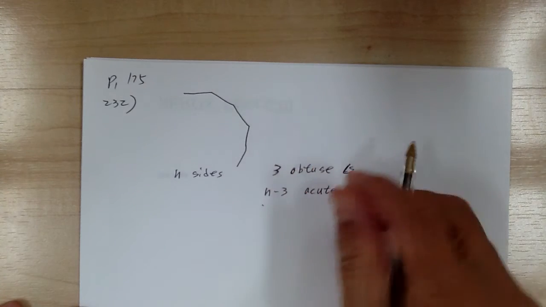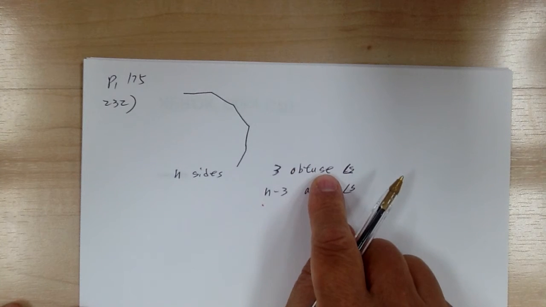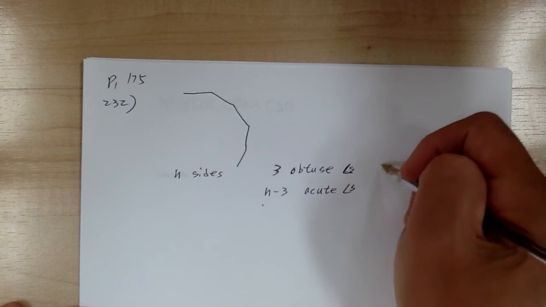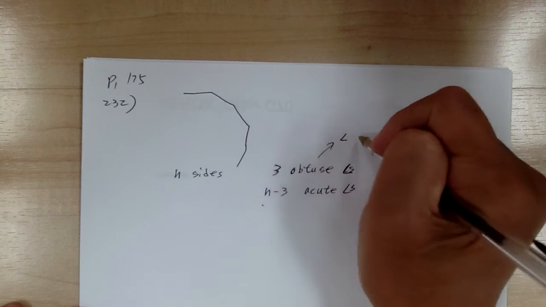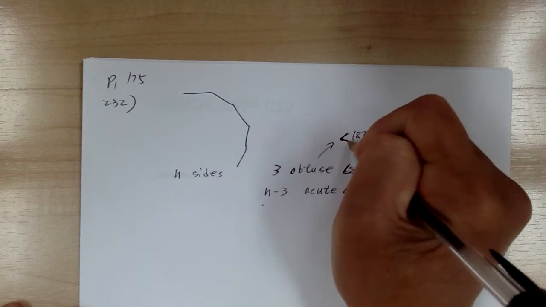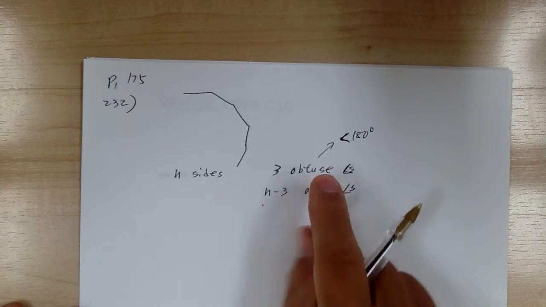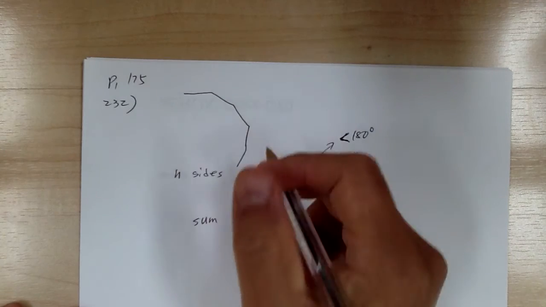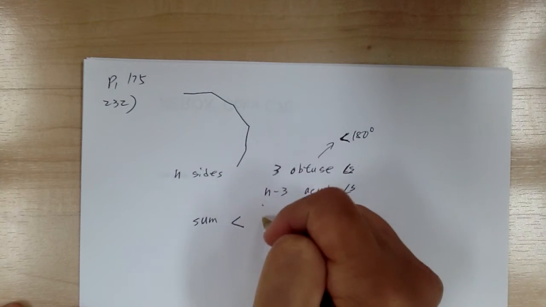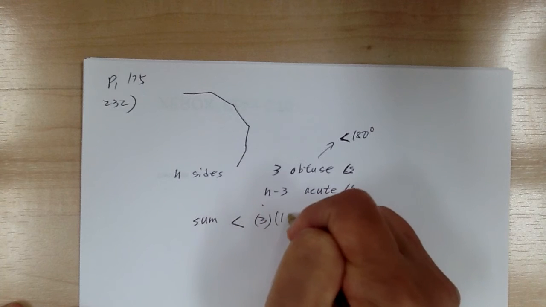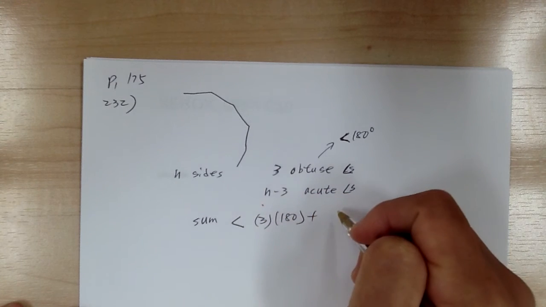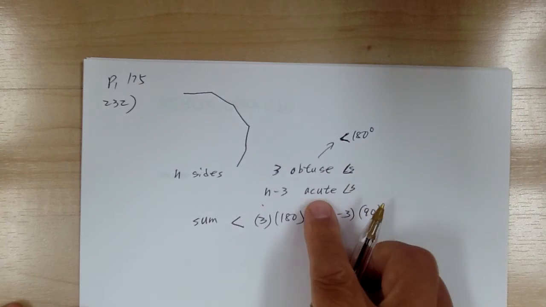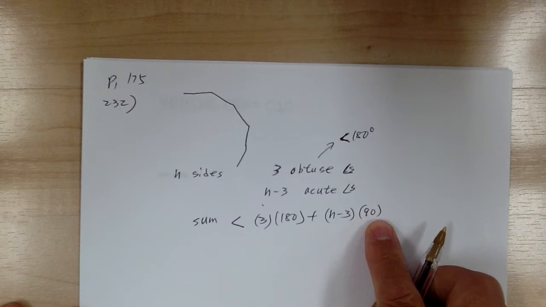Well, an obtuse angle has to be less than 180, so each of these is less than 180 degrees. So the sum of all the angles has to be less than 3 times 180 plus n minus 3 times 90, because an acute angle has to be less than 90.